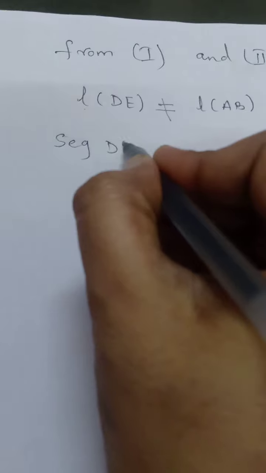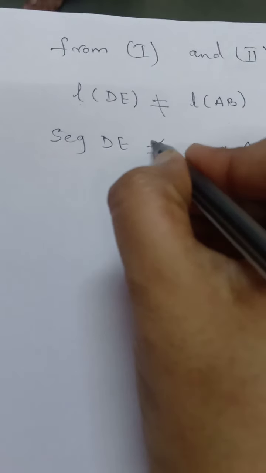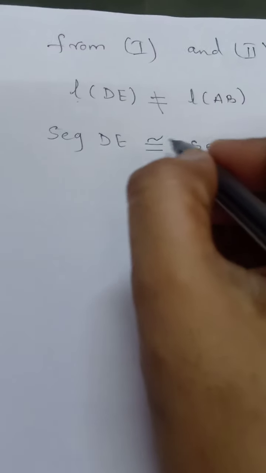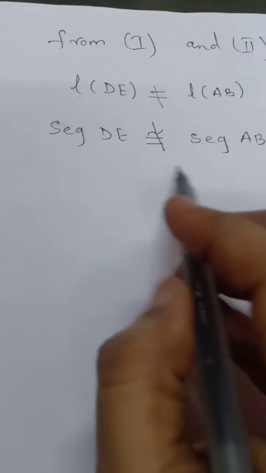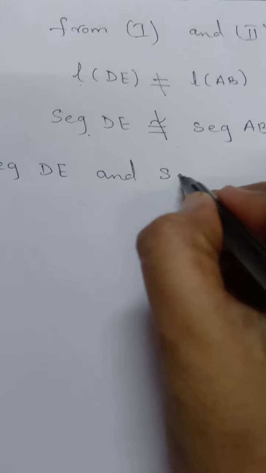So in the place of length, we can write the segment DE as it is, here also the segment AB. And this equal to sign will become congruent, and since the lengths are not equal, they will not be congruent. You can write in symbol also, or you can write in a statement that segment DE and segment AB are not congruent.